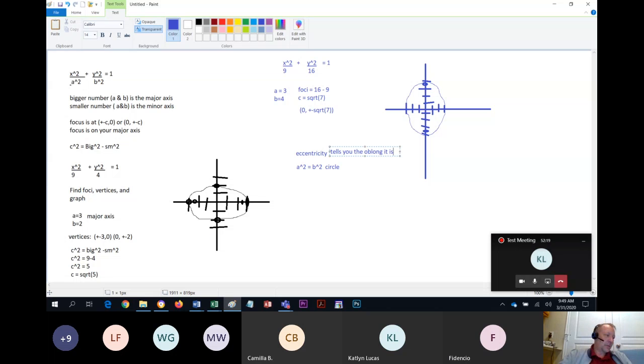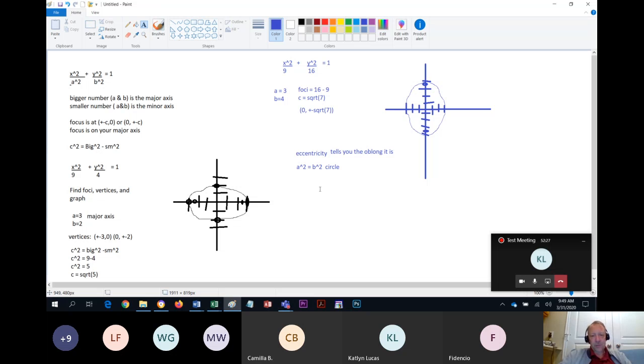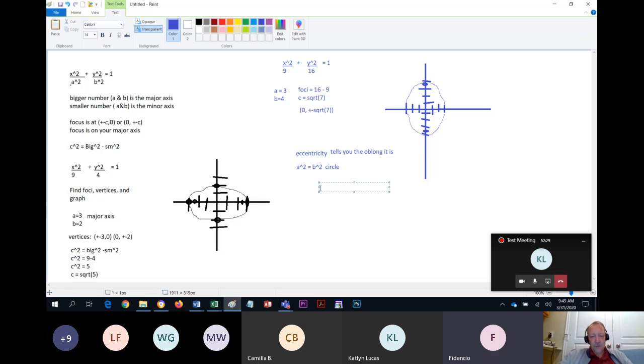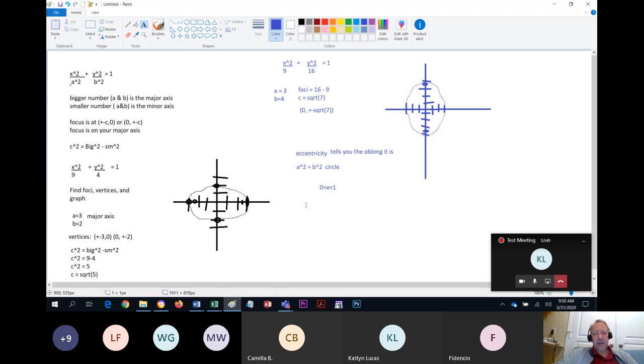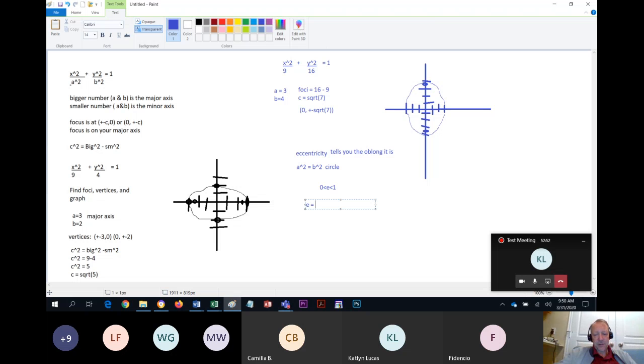And so eccentricity E is always going to be between 0 and 1. Oops, 0 less than E less than 1. That's what I meant to do, okay? And so your eccentricity is basically the formula E equals C divided by A, okay?